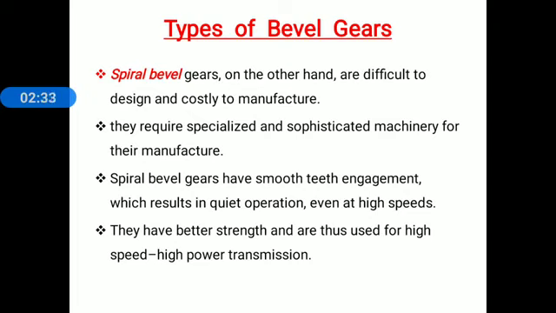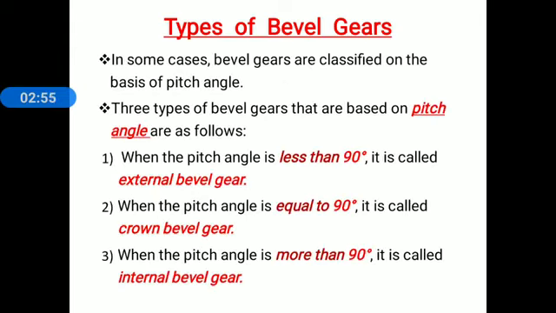They have better strength and are used for high speed power transmission. See, in the spiral bevel gear there is a smooth engagement, that's why it is used for high speed applications. And due to the better strength, it is used in higher power transmission. Remember this.